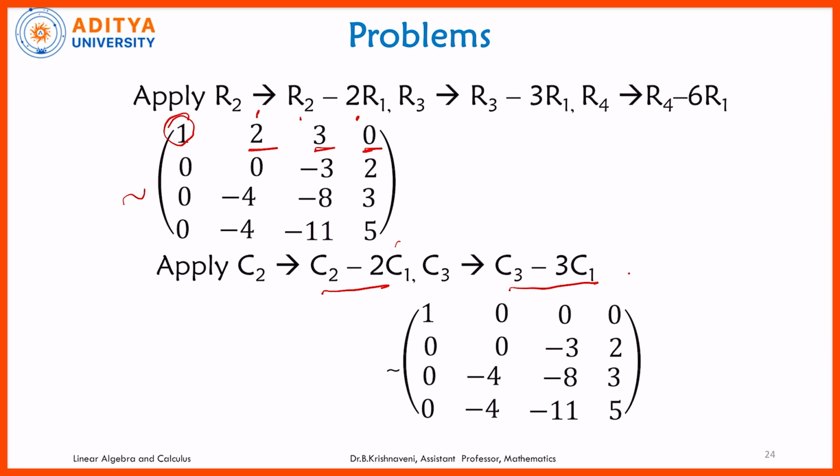On applying these column operations, the first row remains the same, that is 1 0 0 0. Applying C2 minus 2C1, column C2 becomes 0, 0, -4, -4. Applying C3 minus 3C1, C3 becomes 0, -3, -8, -11. And C4 remains the same, that is 0, 2, 3, 5.